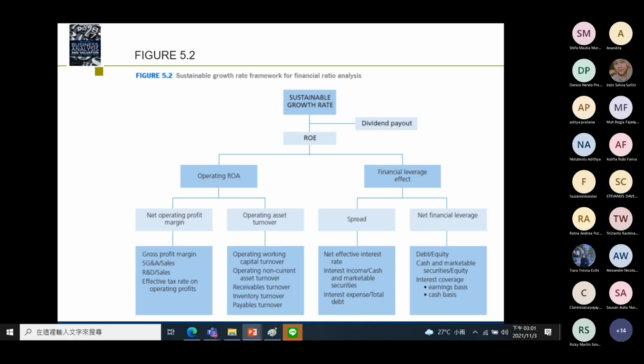If the firm's sustainable growth rate is much higher than warranted by the firm's growth opportunities, one could evaluate the possible reasons why management has not changed its dividend policy. Is management expecting profitability to decrease?